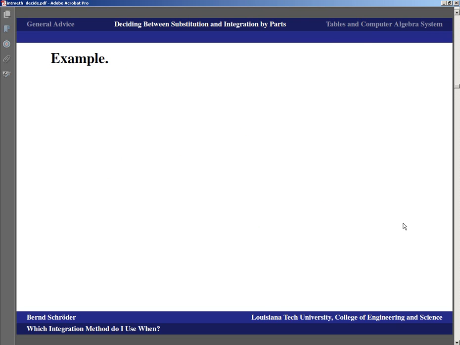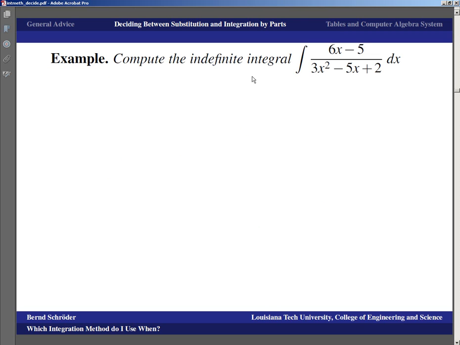So, first example, compute the indefinite integral of (6x minus 5) divided by (3x squared minus 5x plus 2). According to what we've just seen on the previous panel, this is a rational function. Partial fraction decomposition, and you're done. However, sometimes you might be able to see something quickly, such as here, the derivative of the denominator is 6x minus 5.